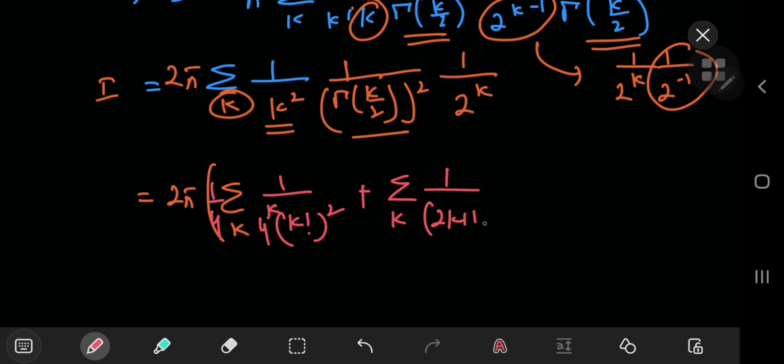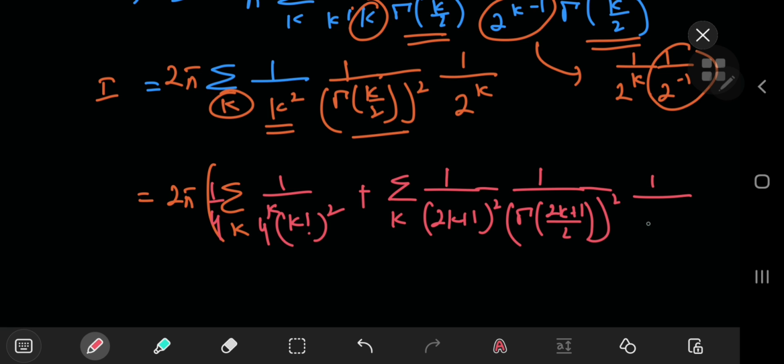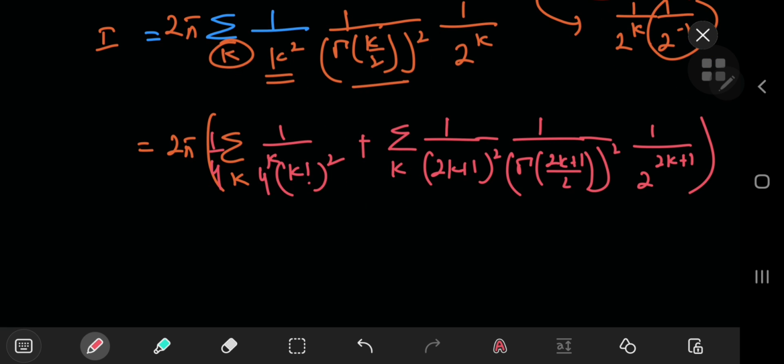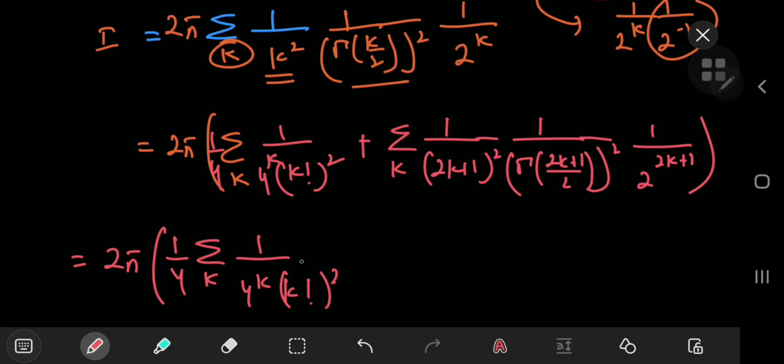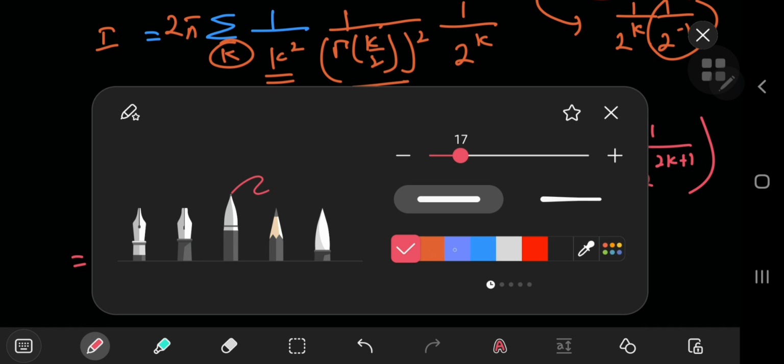So you have 2k plus 1 squared, 1 by gamma 2k plus 1 divided by 2 squared, and 1 by 2 to the 2k plus 1, and God, I know my handwriting is horrible. 2 pi 1 by 4 sum over k 1 by 4 to the k factorial squared, plus same reasoning for that factorial trick that I did earlier.